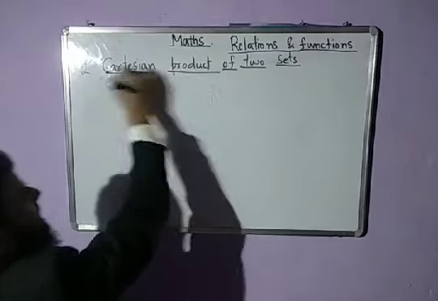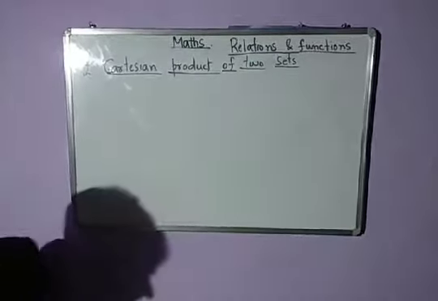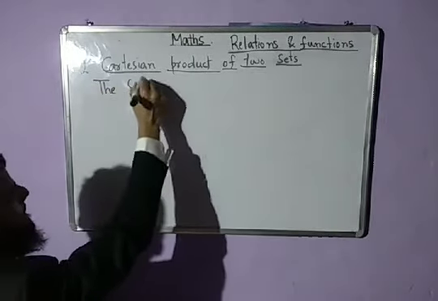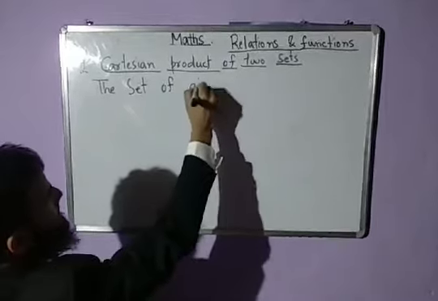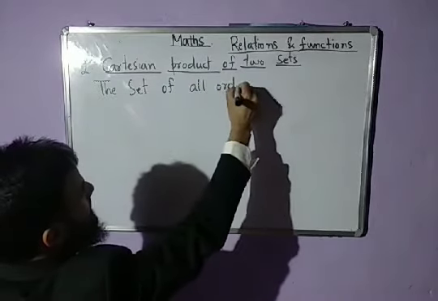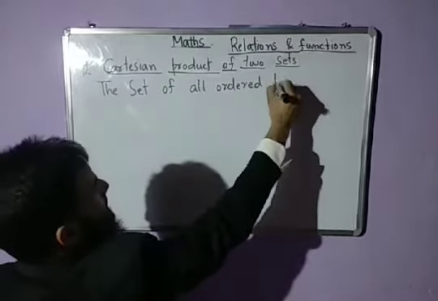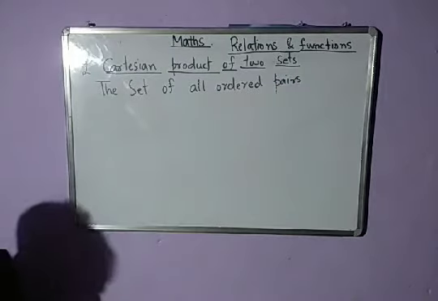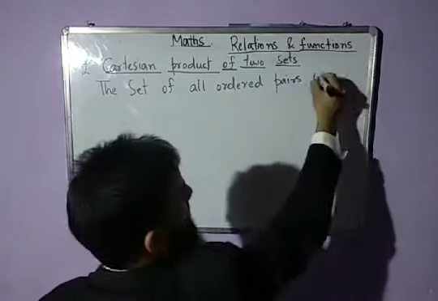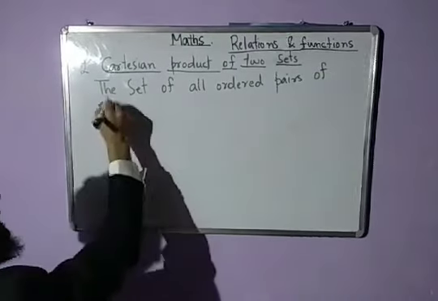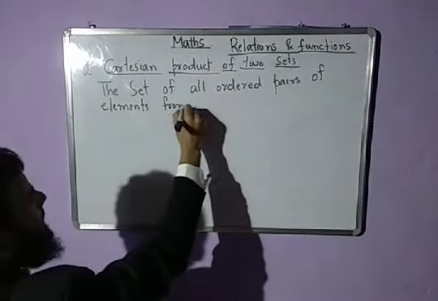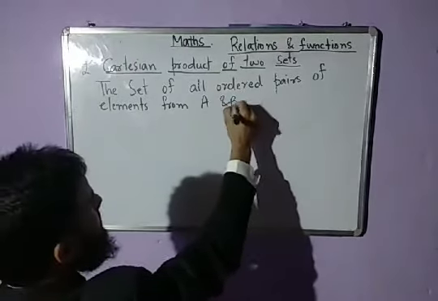First I will write a definition on the board, that is the set of all ordered pairs. The set of all ordered pairs of elements from A and B.